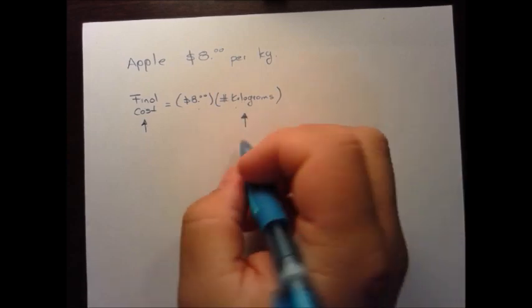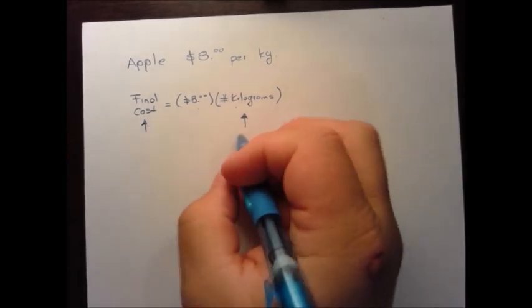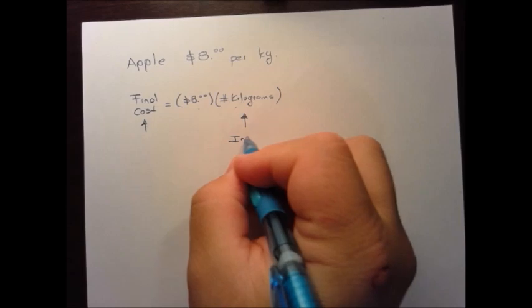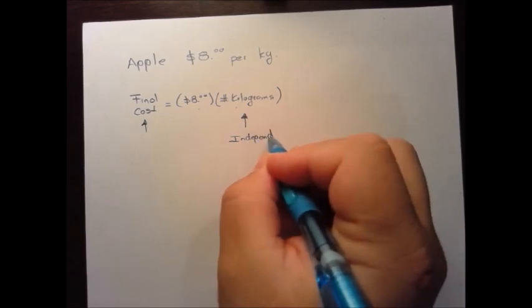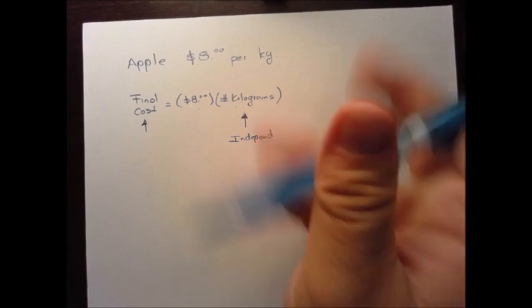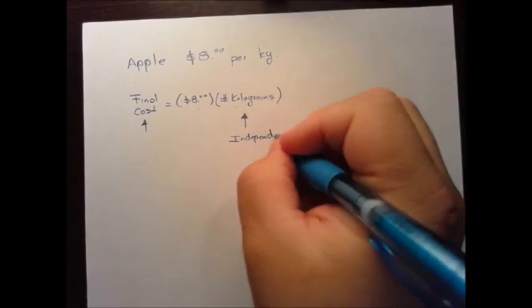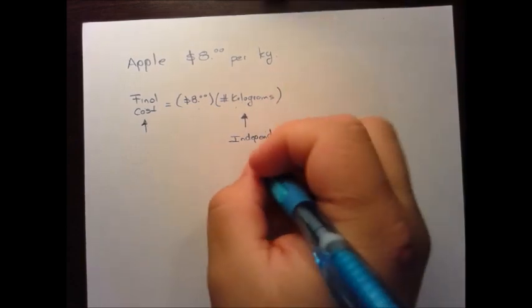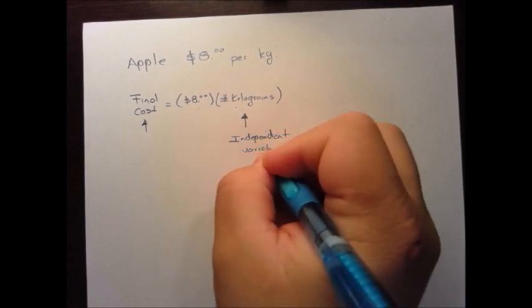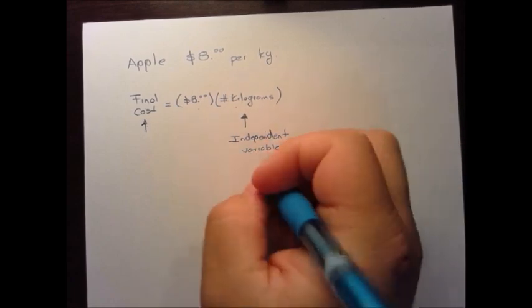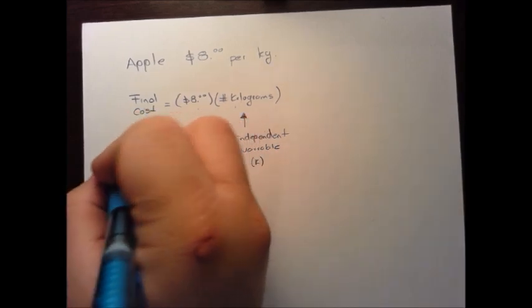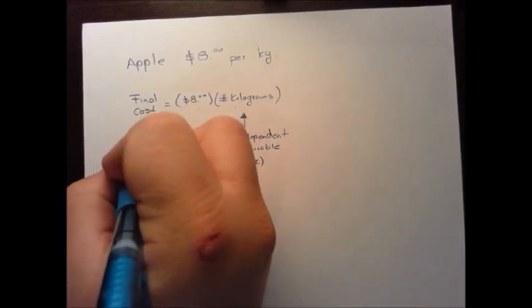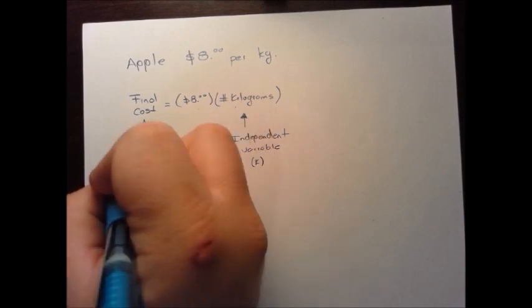Okay, so in that case I'm going to write this is an independent variable, and I'm going to represent it like a k. Okay, and here this is going to be the dependent variable.